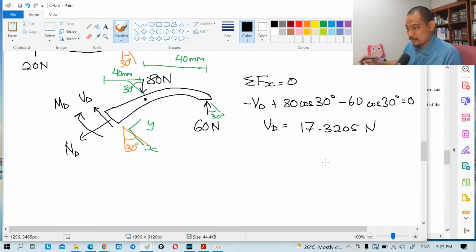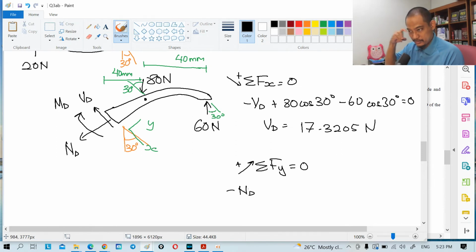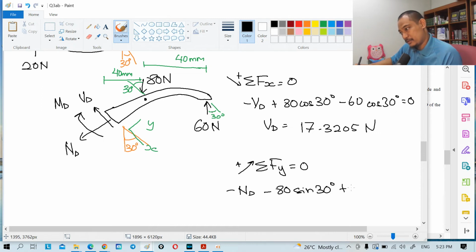Okay, right. So if you do summation of Fy equal to 0, summation of x just now positive that way, so summation of Fy positive that way. So you get minus Nd because it's negative. 80 also negative, so minus 80 sine 30, and then plus 60 sine 30 equal to 0.